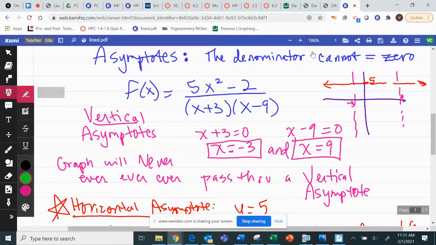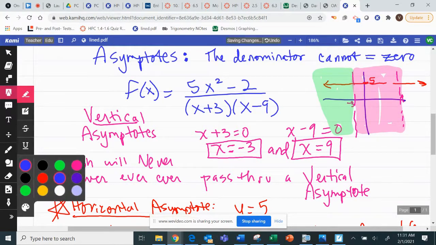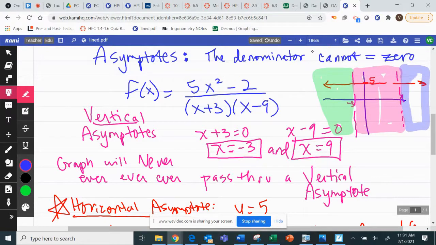There will be one piece somewhere in here, a second piece somewhere in here, and a third piece in here somewhere. This is kind of like when we did piecewise functions, how we had the pieces in certain borders. It's a lot like it, only this is not a piecewise, this is one function. Okay, let's do the notes.